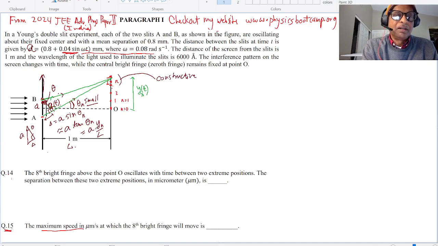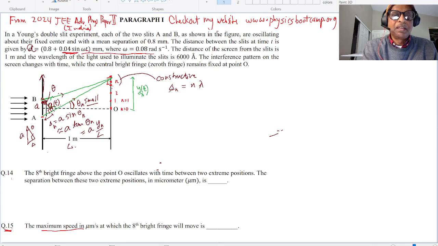I mean, this distance delta n must be n times lambda. Here the problem is n equals 8, the way we've done this over here, right?